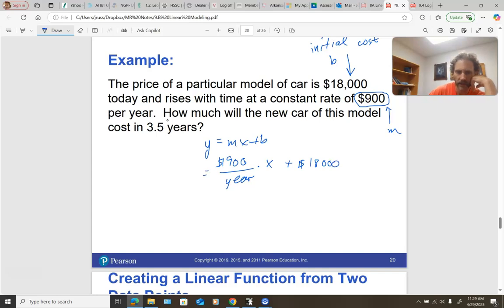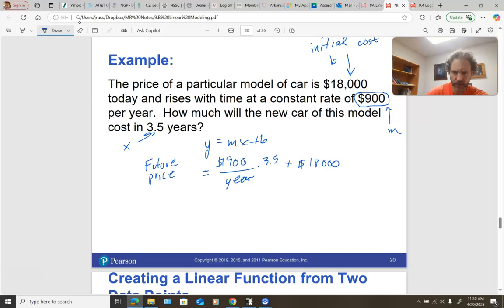Okay. And all of this will give us our future price, or y in other words. Okay. But I need to plug the 3.5 in for x. Okay. That's the value of our independent variable. In a lot of these problems, guys, time will be your independent variable, because lots of things depend on time, right?